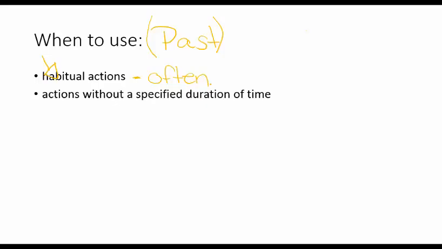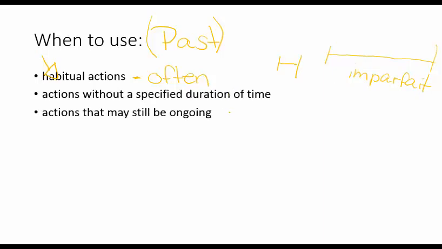So remember the ball that was kicked, it started and ended in a pretty short span of time, but something that lasted a really long time and you're not actually sure when it ended, that would be used with the imparfait. Also, actions that may still be ongoing. So things that started in the past and are just going to keep going for who knows how long.